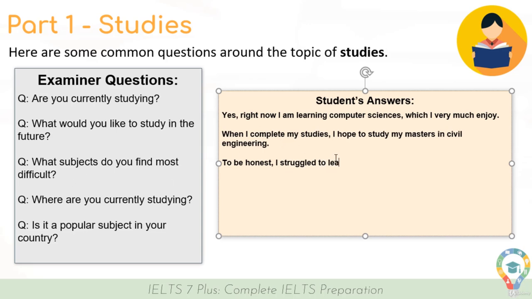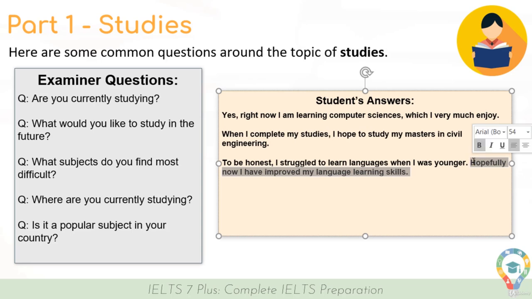I struggled to learn languages when I was younger. Hopefully, so we're adding some detail. Now I have improved my language learning skills. Okay, so that's a little bit of light-hearted detail as you're in an IELTS test. Hopefully now I have improved my language learning skills.